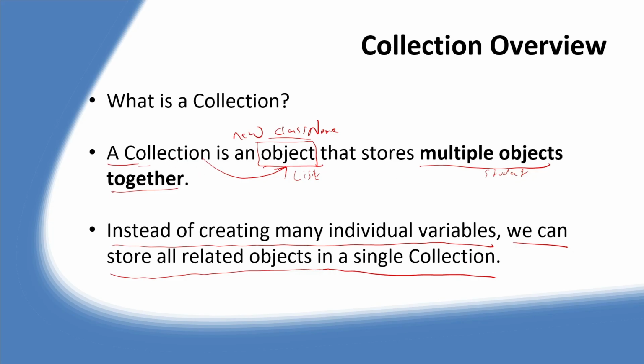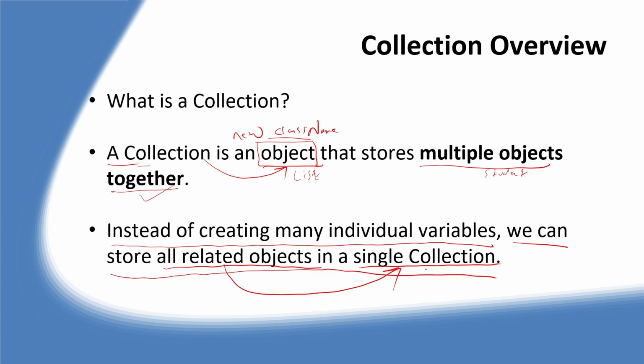So a collection is an object which stores multiple objects together. I hope now it is clear. Instead of creating many individual variables, we can store all related objects in a single collection.